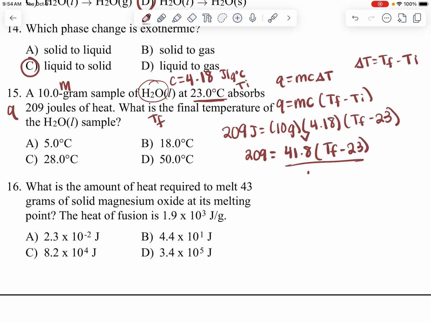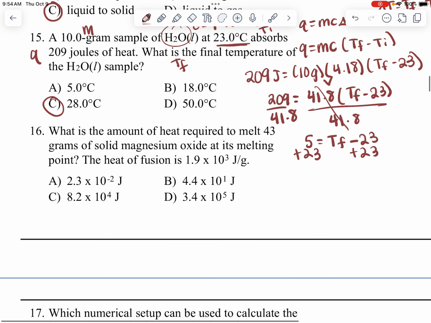I'm going to divide by 41.8 on both sides. Again, I'm trying to clear out and just get TF by itself. So now I can cancel this. Divide 209 by 41.8. You get that 5 equals TF minus 23. Final step, add 23 to both sides. You get 28 degrees Celsius.